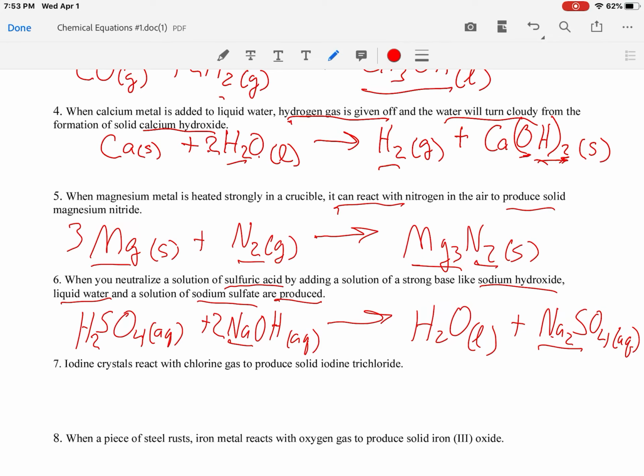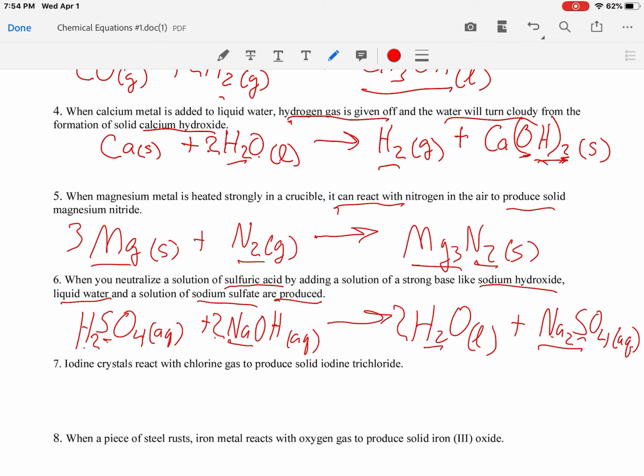And if we count up everything else here, we've got 2 hydrogens over here, and this 2 out in front gives us 2 more hydrogens over here. So a total of 4 hydrogens on the reactant side. And on the product side, 2 here and that's it. So now we need to balance that out by putting a 2 here. So now we have our 4 hydrogens on both sides. Now let's look at the sulfur. 1 sulfur on this side, only 1 sulfur on this side.